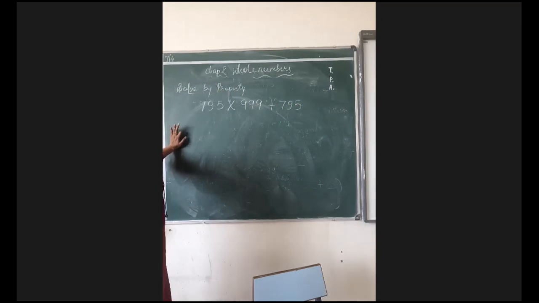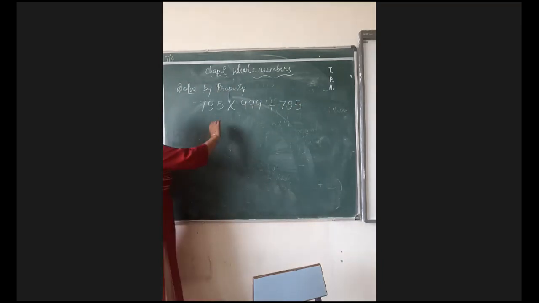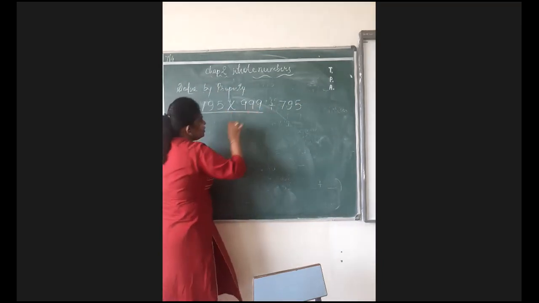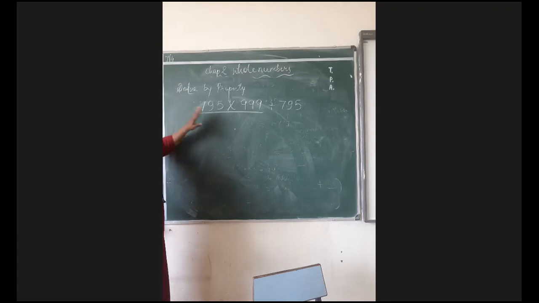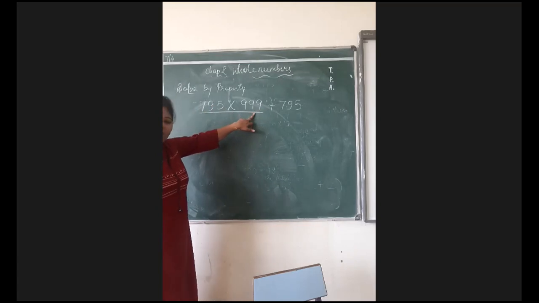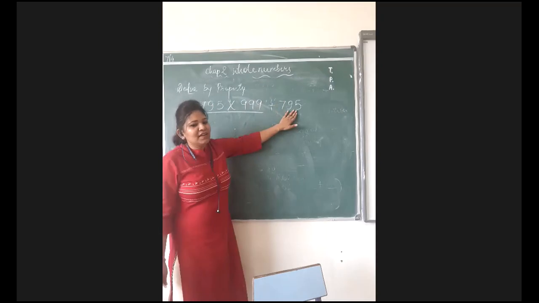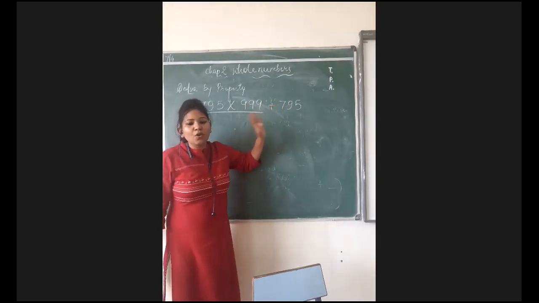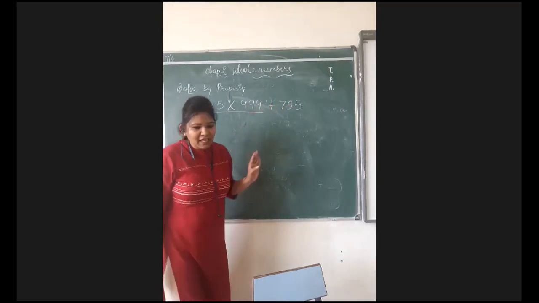Now look here. In the form of multiplication, you need two numbers. In the first one, you have two numbers, 795 multiplied by 999. But this number, 795, is written alone, not having any pair.